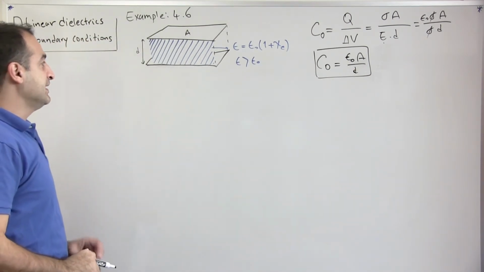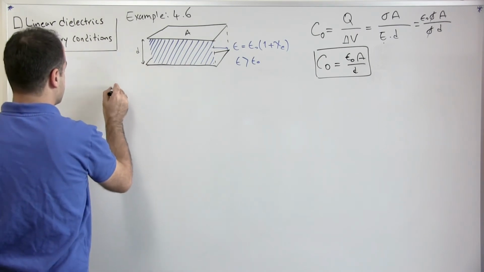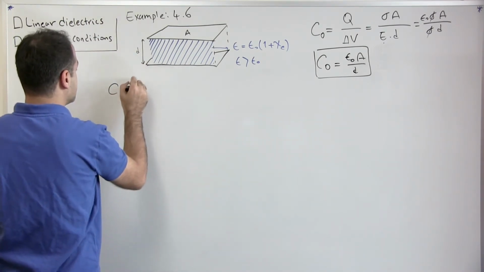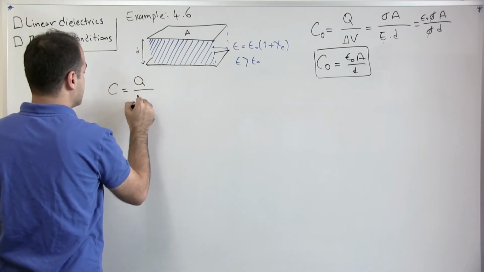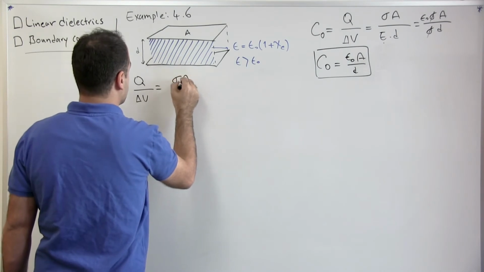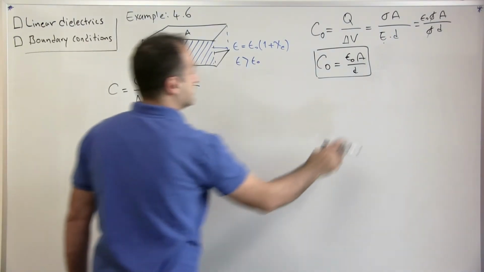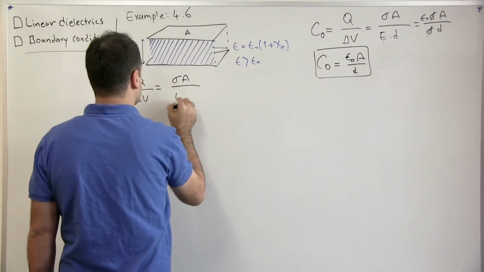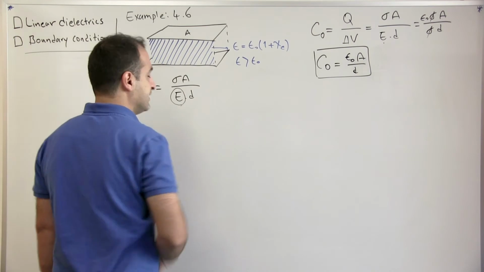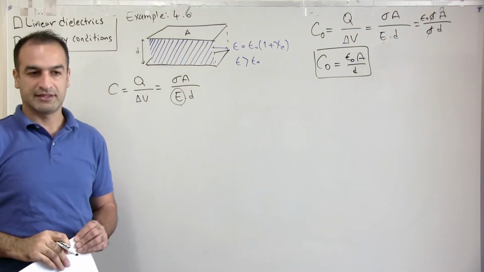If we repeat the same calculation where we have the dielectric material, we have C, which is Q divided by delta V. Q is the same thing, sigma times A, but then we have delta V that is created by the electric field here, E times d. Now this electric field is different because of the effect of the dielectric.